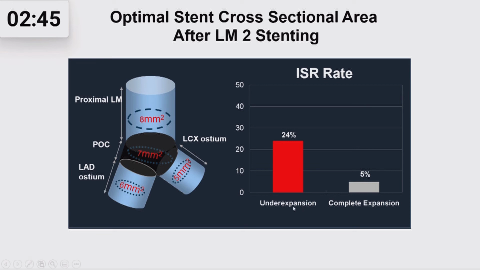If there is under-expansion, there is a significant increase in ISR, and complete expansion is only 5%. So this indicates that with angiography alone, you cannot predict which patient will have a significantly increased rate of ISR if you don't do the IVUS.